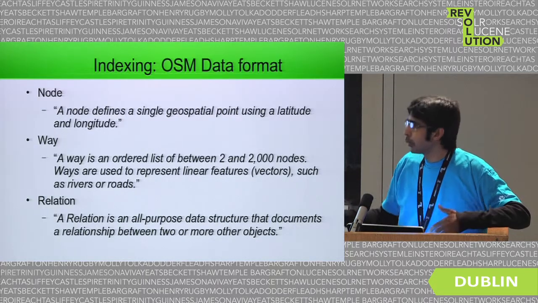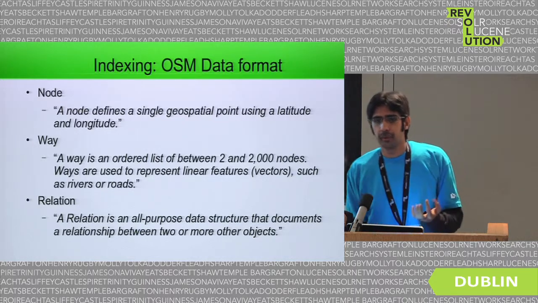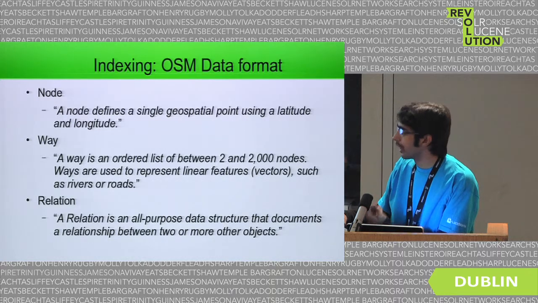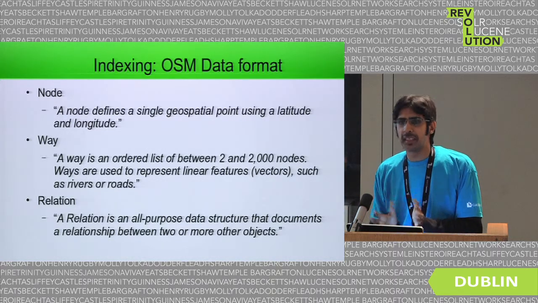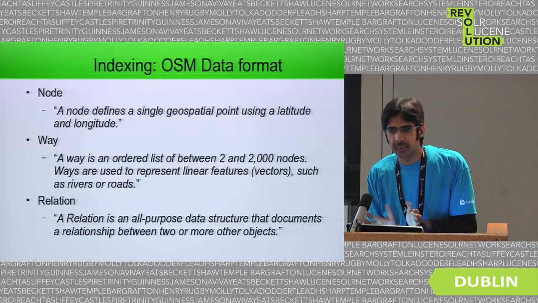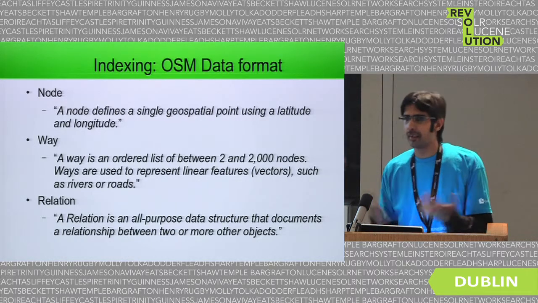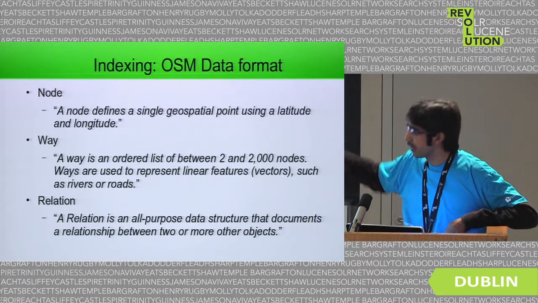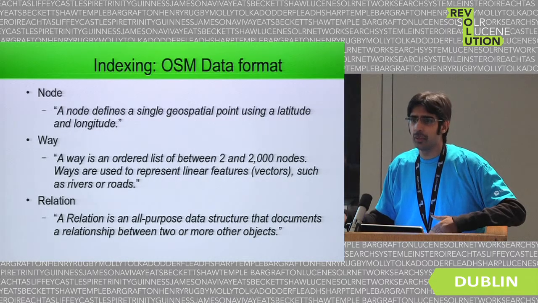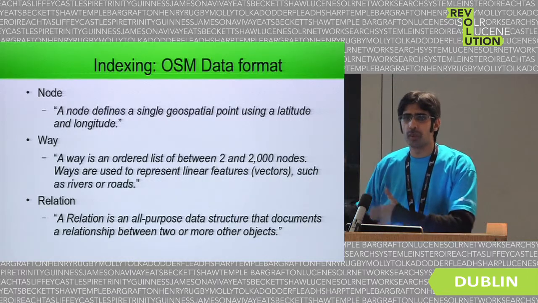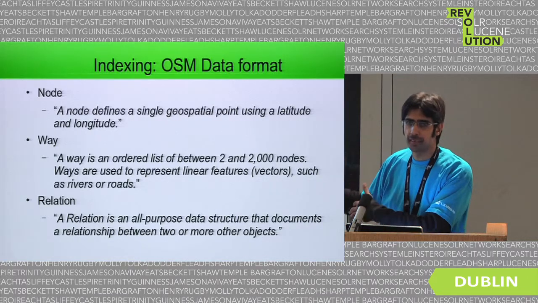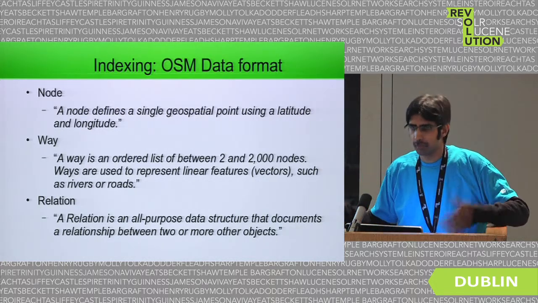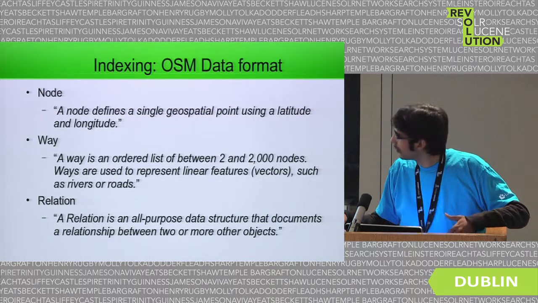And a relation joins many ways and nodes together to form a single geographic administrative entity. So, for example, if it's a country, let's say the Republic of Ireland, it could be made up of many polygons, many ways, many nodes along the way. So it's just a logical grouping of all the ways to represent them as a single entity, let's say the Republic of Ireland, or maybe County of Dublin.